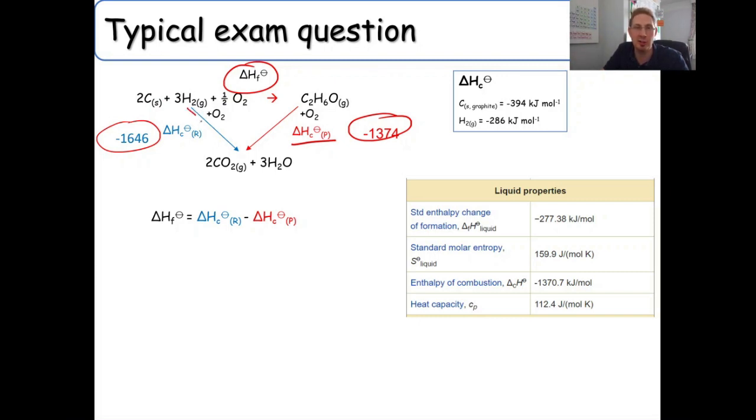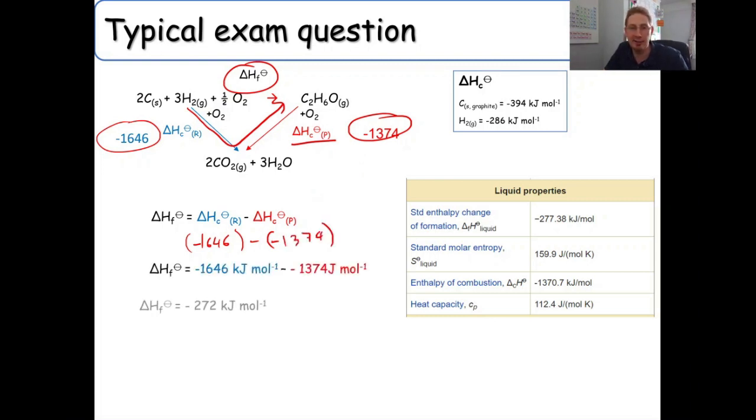Enthalpy of formation down there, up there, so it's going to be minus 1646, minus the enthalpy of combustion there, minus 1374, and that gives you an answer of minus 272 kilojoules per mole.